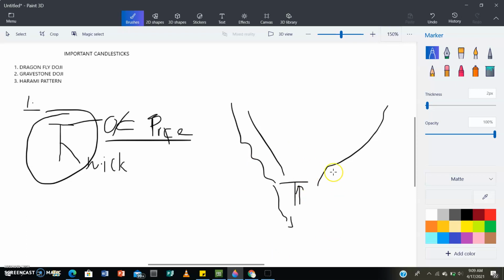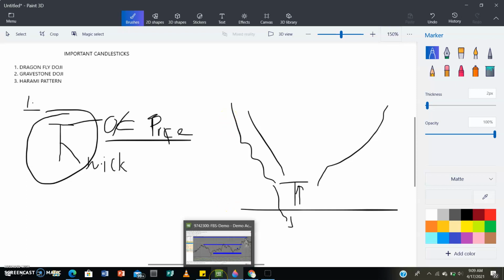So expect this in a downtrend, but do not use this type of formation alone. Remember, you cannot use candlestick pattern formation on its own. You need something like support and resistance, and price action to help you in your trading journey, knowing the market structure already, right?